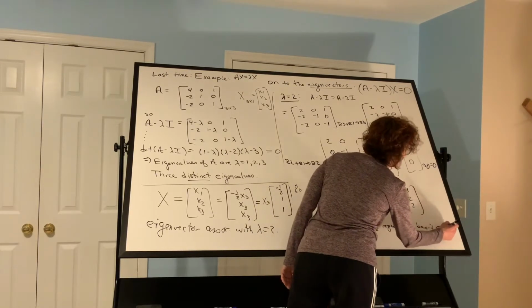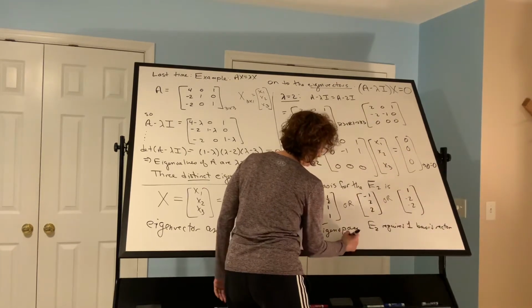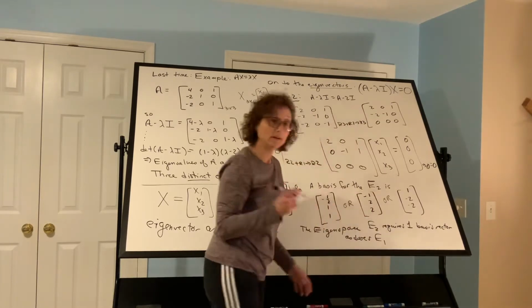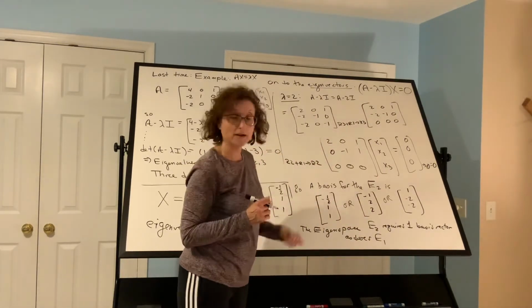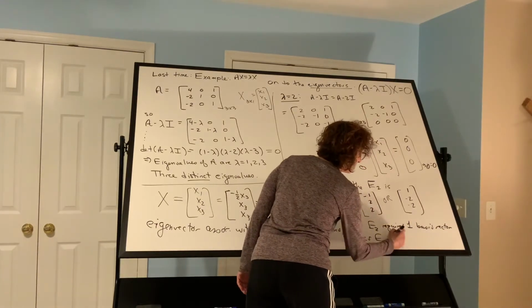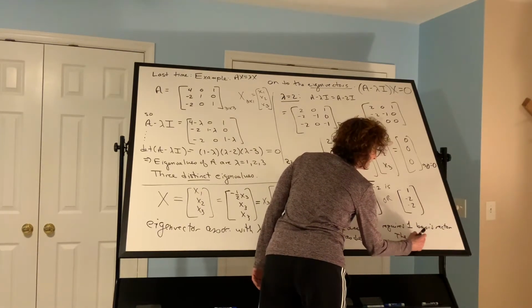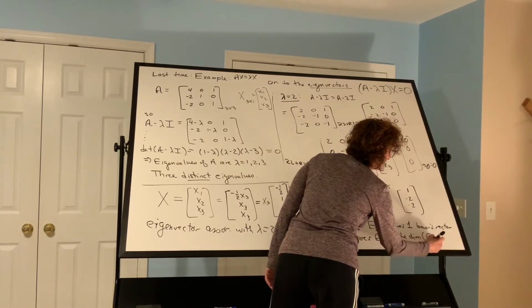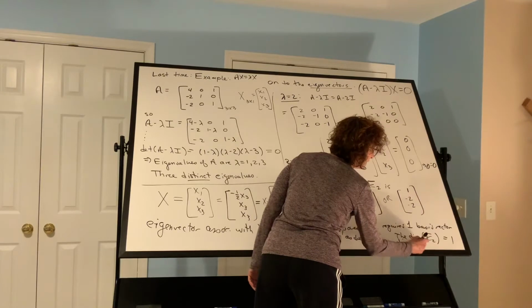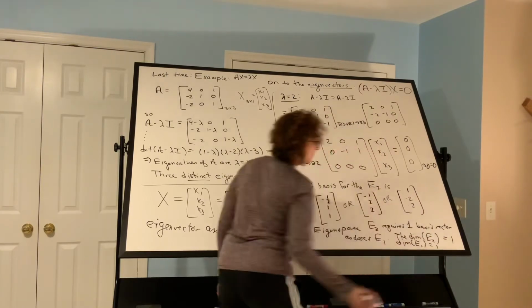So does the eigenspace E1, the eigenspace associated with the eigenvalue lambda1, right? So we say that the dimension of E2 is 1. The dimension of E1 is 1, right?